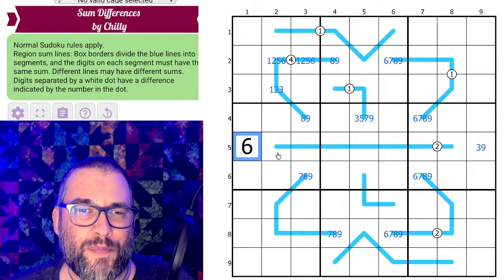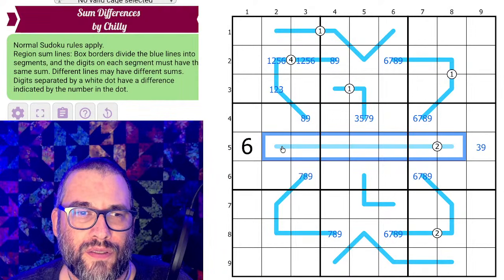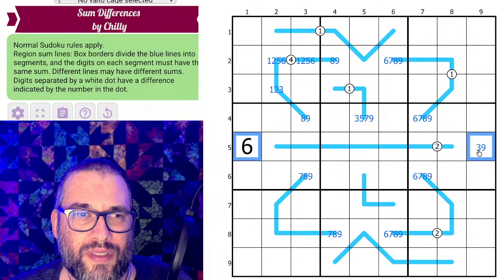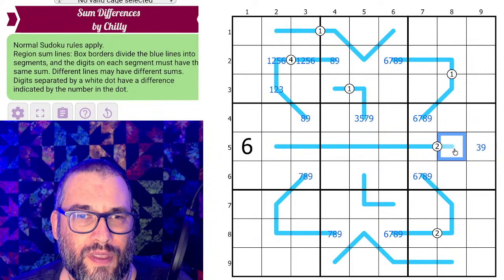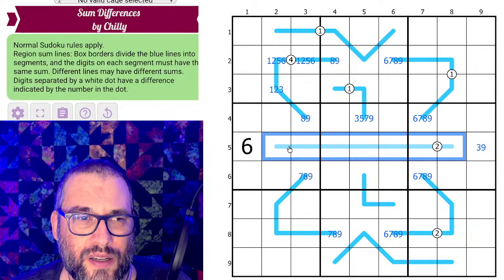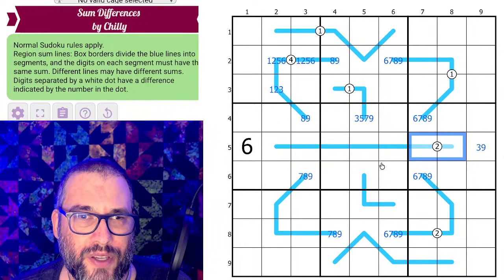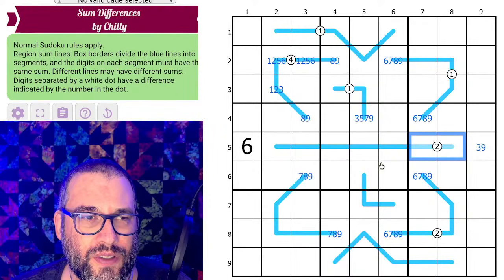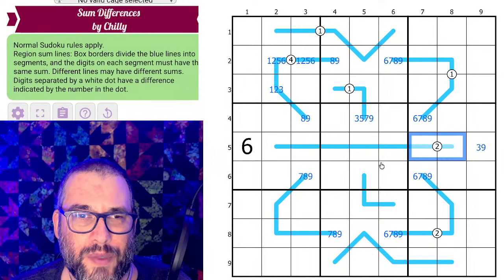Okay. If this is 6, 9, that leaves 30, which would be 10. It's 10 or 12. So this is 4, 6, or 5, 7, but it's not 4, 6.